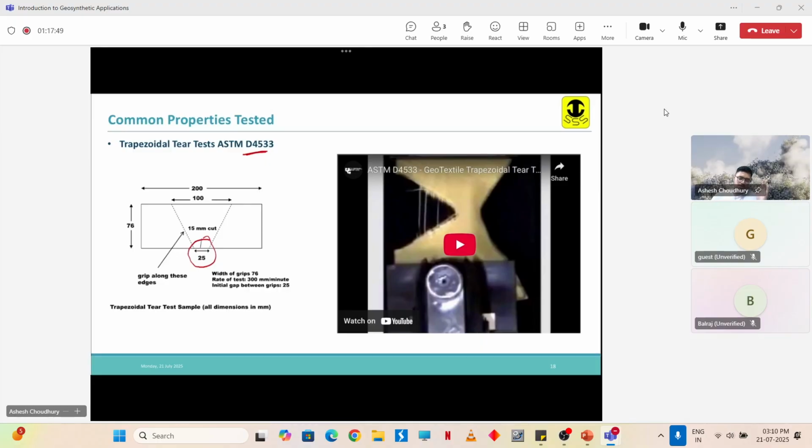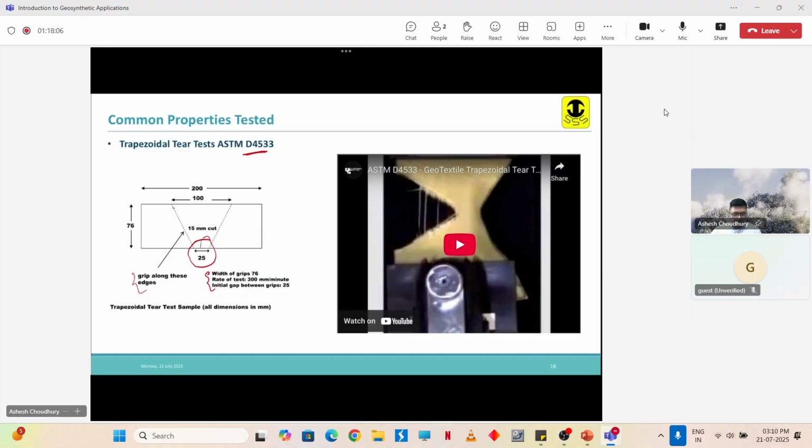We hold the geotextile by gripping along these dotted lines. The test grip, rate of test, and initial gap between the grips holding the geotextile are all given.